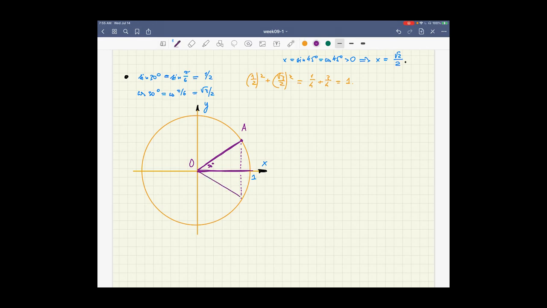Let's call it B. We are interested in the coordinates x, y of point A. X will be cosine of 30 degrees and y will be sine of 30 degrees. Of course, we only need to find one of them, because if we know one of them, we can use the basic trigonometric identity. So how do we find either x or y? Well, the idea is this.